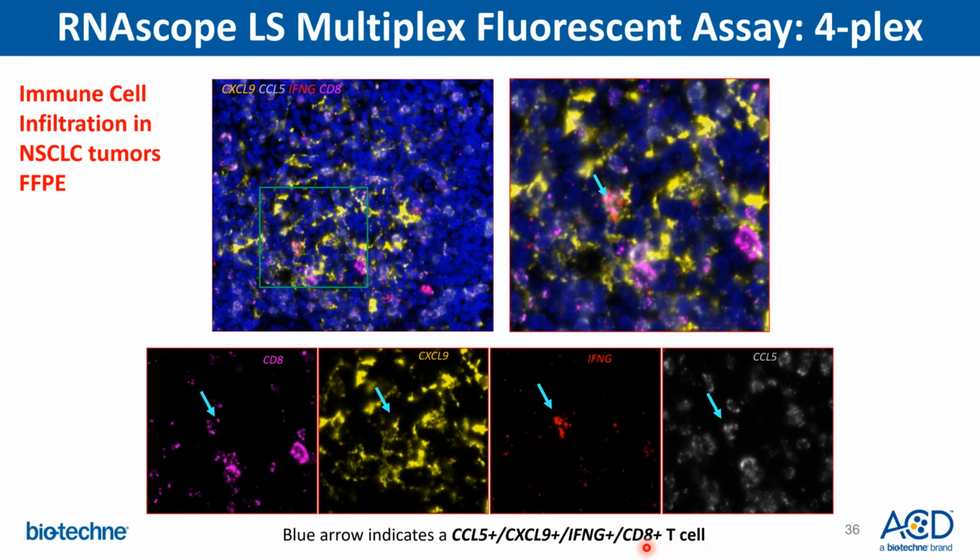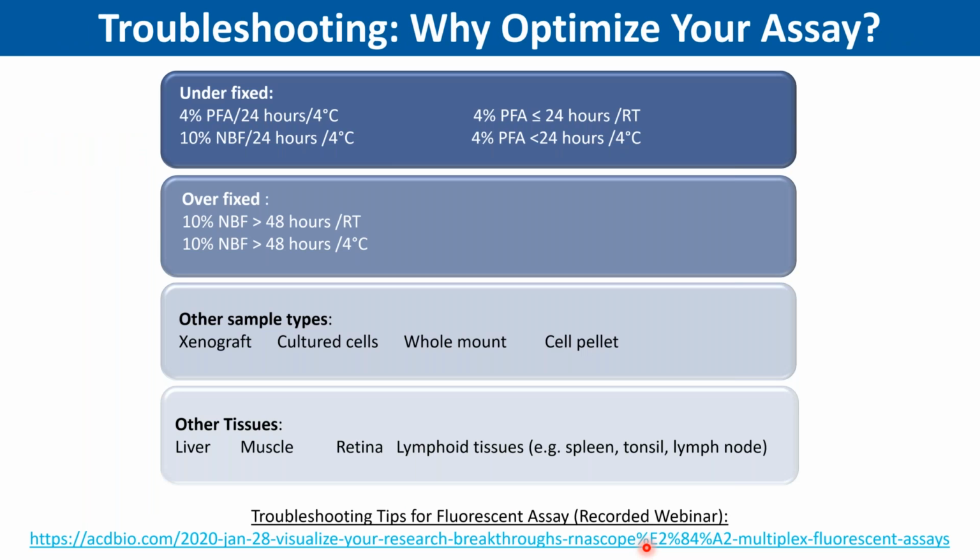Okay. Now, there might be situations where you would need to troubleshoot your assay, and the question might be, why do you need to optimize your assay? So oftentimes you have situations where you would have underfixed samples or overfixed samples, or you might be working with other sample types which may require a little extra care, such as xenograft or cultured cells, because for cultured cells you will need to determine the protease dilution that is appropriate for your cells, working with whole mount tissues or cell pellets, or tissues such as liver, muscle, or retina, so to speak.